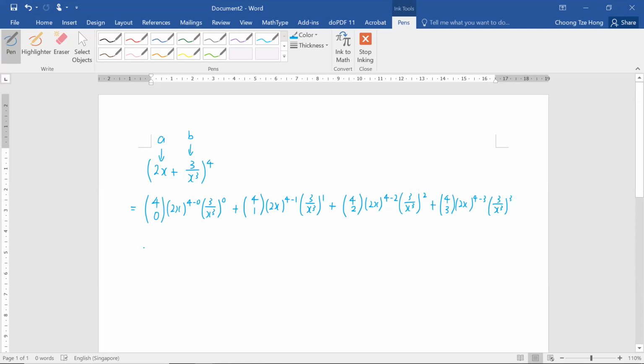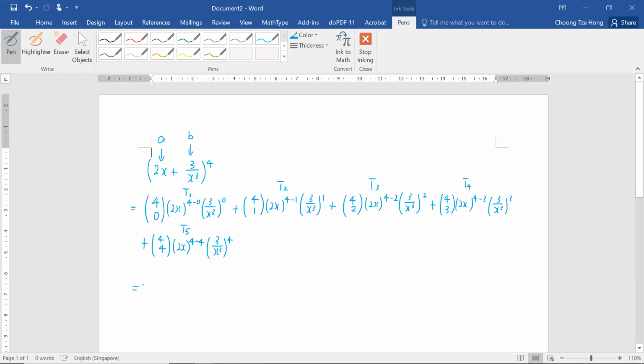The last term is 4 choose 4, 2x to the power of 4 minus 4, and 3 over x cubed to the power of 4. Here we should have 5 terms: term number 1, term number 2, term number 3, term number 4, and term number 5.